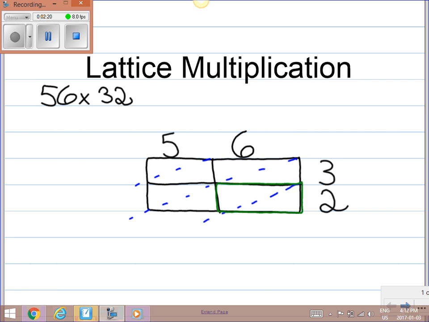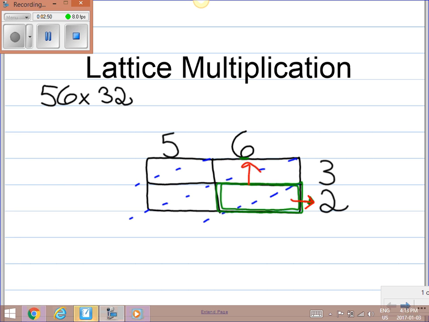For this particular one, we're looking at this box, and just like a grid, we're going to look up to the 6, which is right up here, and over to the 2. So this box is multiplying 6 times 2. 6 times 2 is 12.